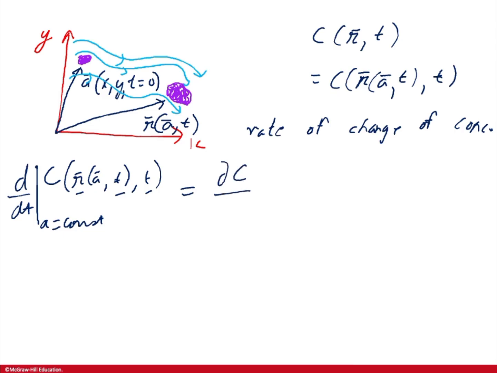First, you take the derivative of the concentration with respect to time, so you get just the change in concentration with time. But now you want to take the derivative with respect to r, but r itself is a function of time, so you break it up. So essentially you get d concentration over dr and dr over dt.